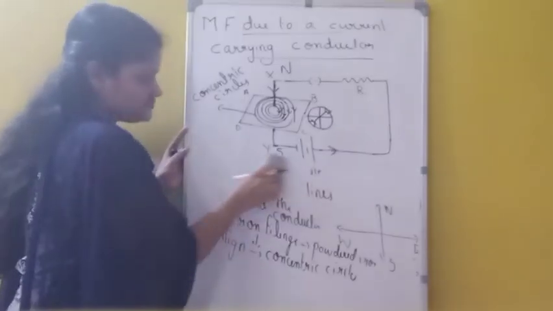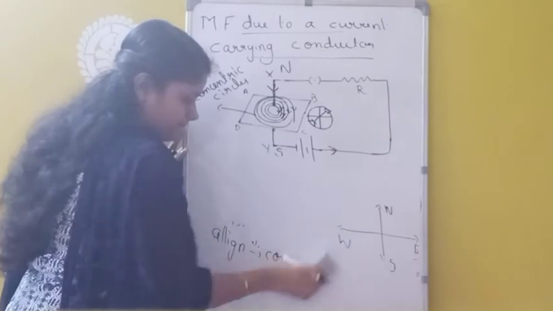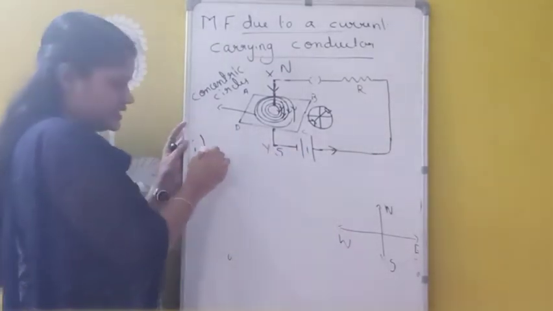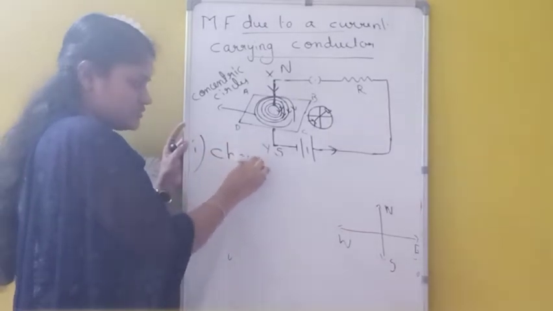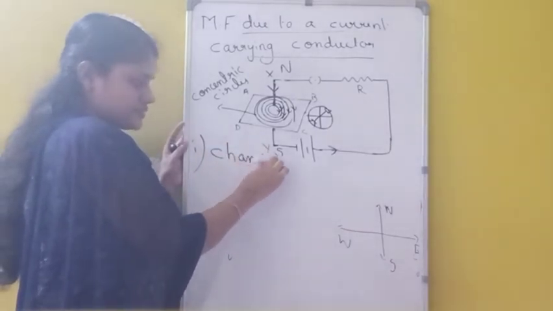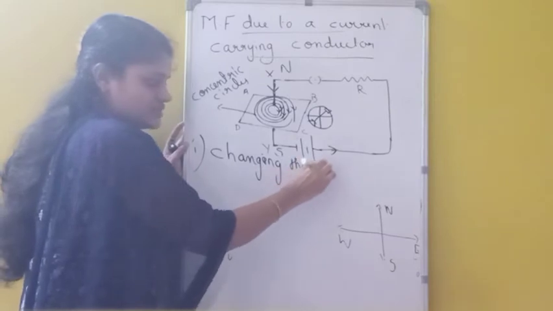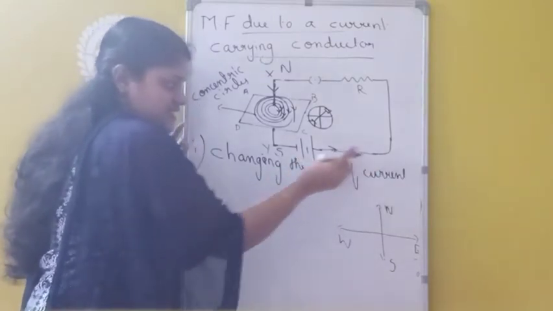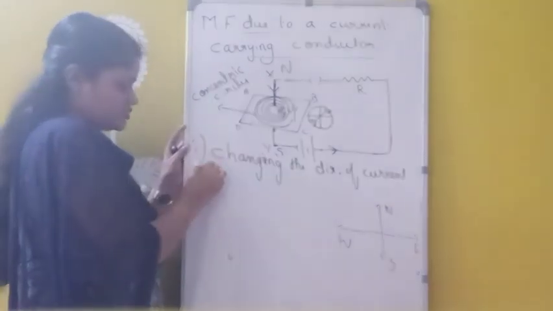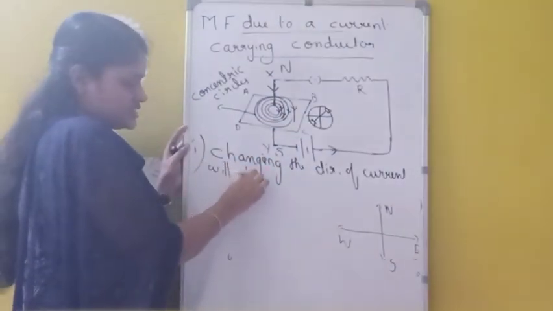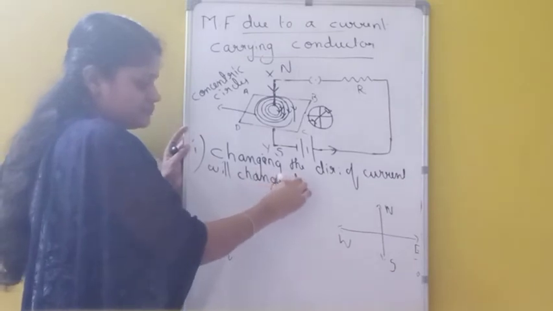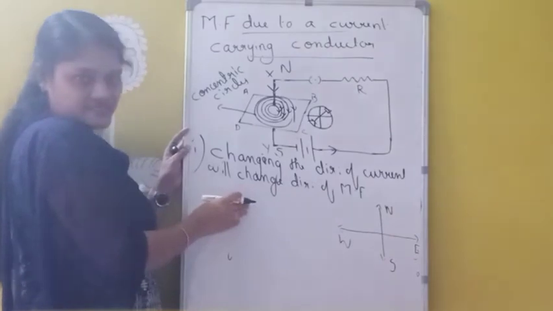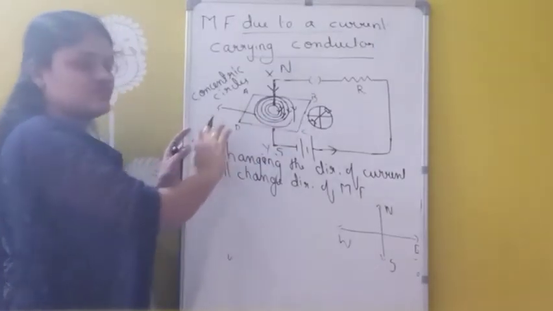First of all, changing the direction of current will change the direction of the magnetic field also. So whenever we change the direction of current, the direction of magnetic field also changes.